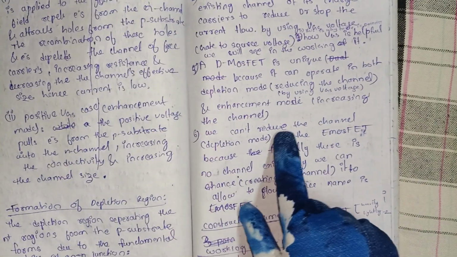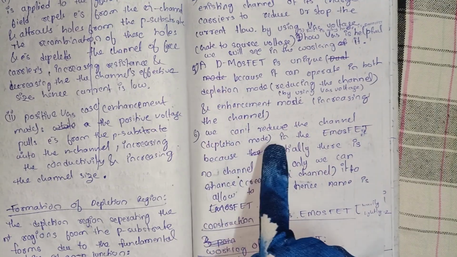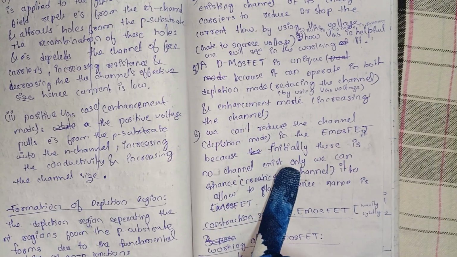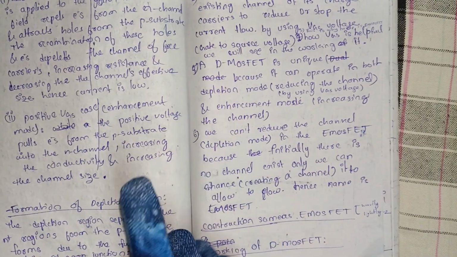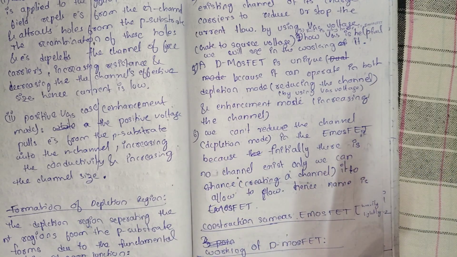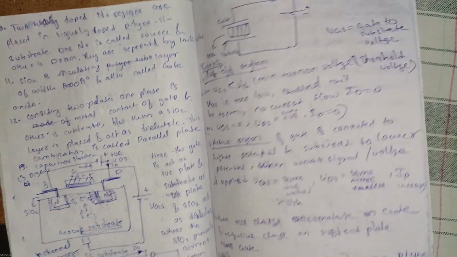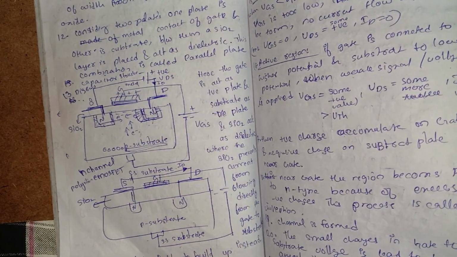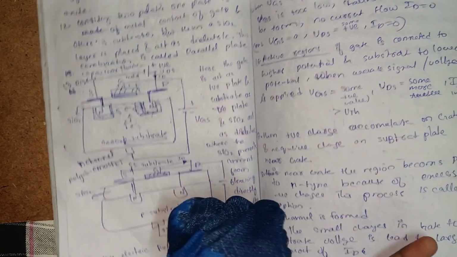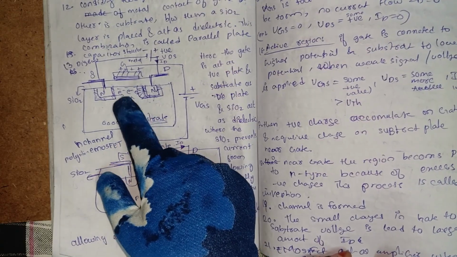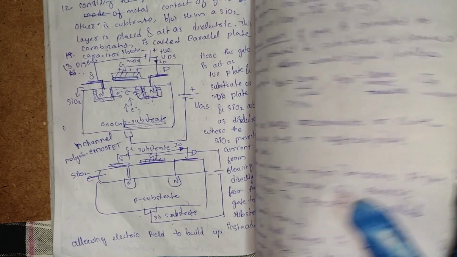Then we can't reduce the channel, depletion mode, in the E-MOSFET because initially there is no channel. Okay. I have shown the initial diagram and final diagram of the E-MOSFET also. There is no channel between the two N plus regions, and here we are creating a channel.